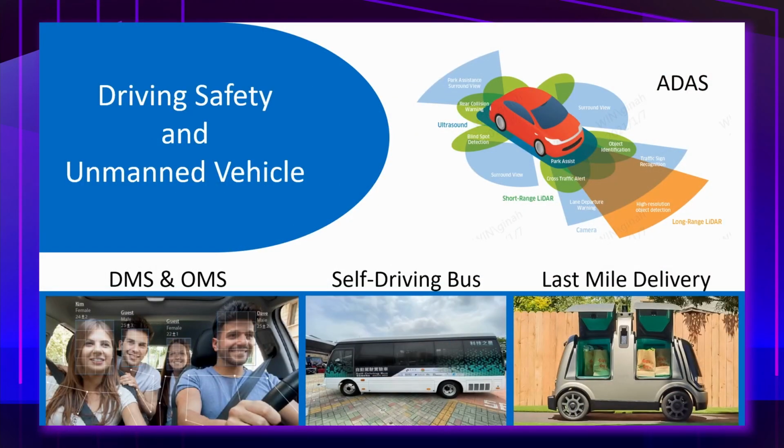The initial use cases include unmanned last mile delivery, robot taxi, and self-driving bus, and the picture in the center shows Taiwan's first self-driving bus launched this year, running on normal road in daytime.